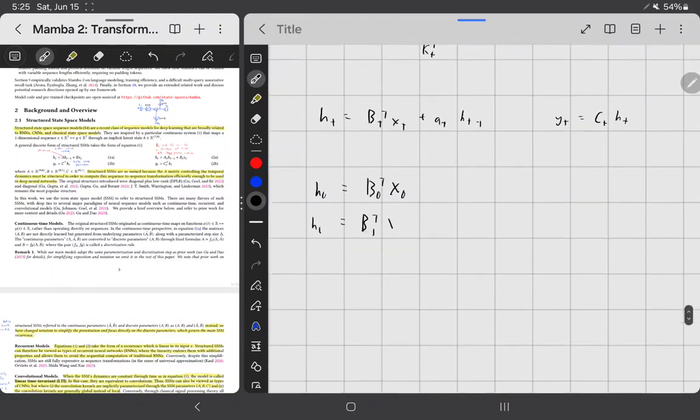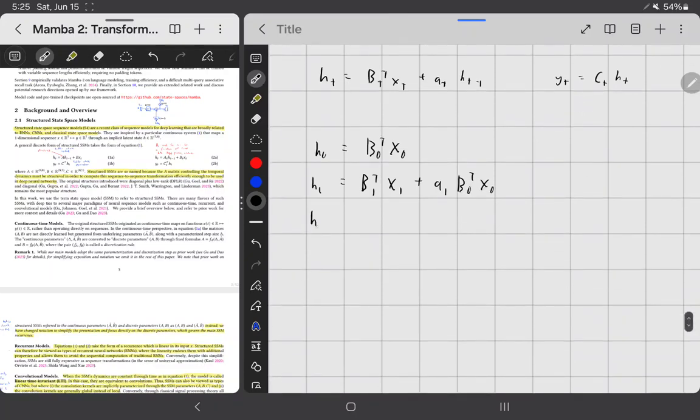So this will be B1 transpose X1 plus A1, the scalar, or A0, I'll go with A1, multiplied by B0 transpose X0. Then H2 is equal to B2 transpose X2 plus A1, or rather A2, times B1 transpose X1 plus A1 B0 transpose X0.